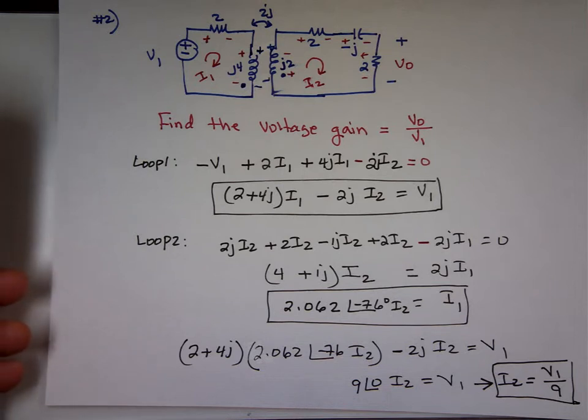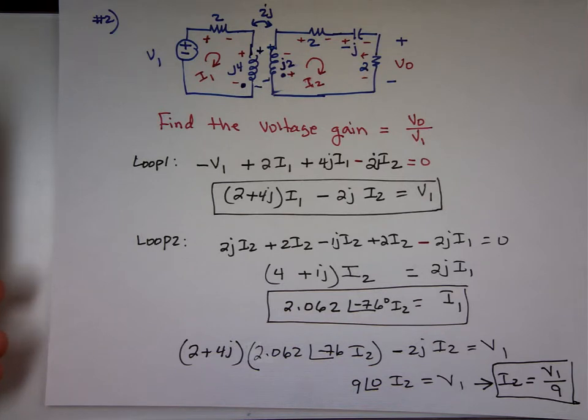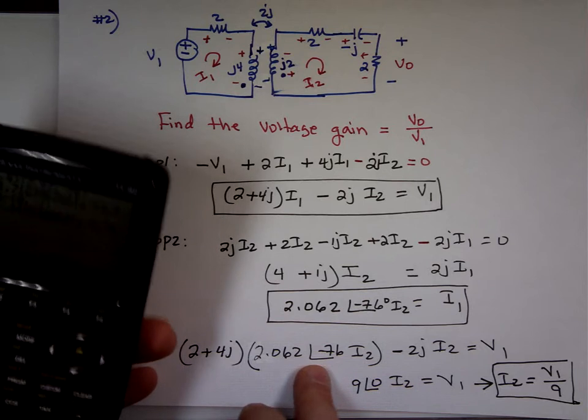2 comma 4 times 2.062 negative 76 minus the 2j. When I did the approximation, before I carried all the numbers, I got a different answer now.